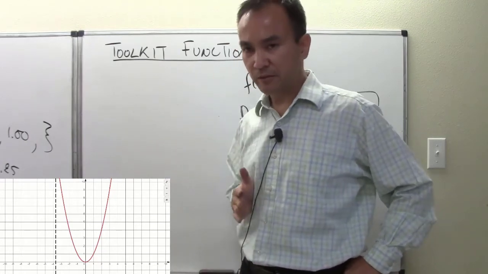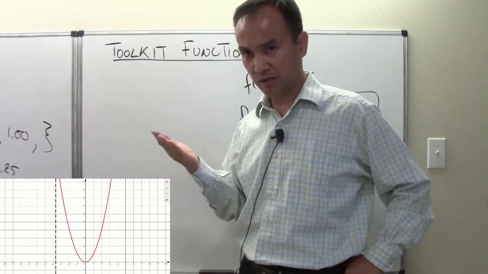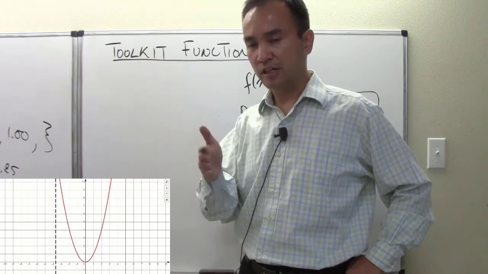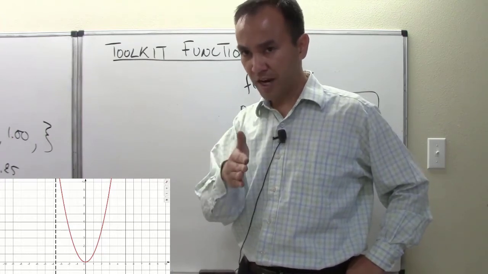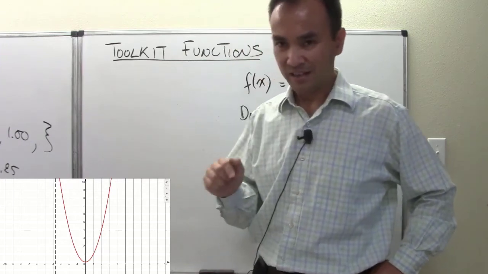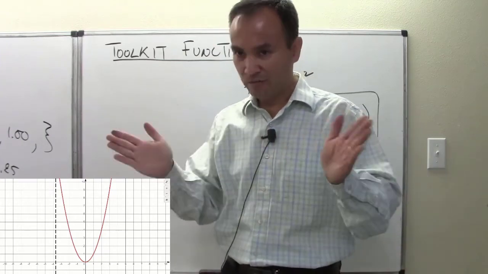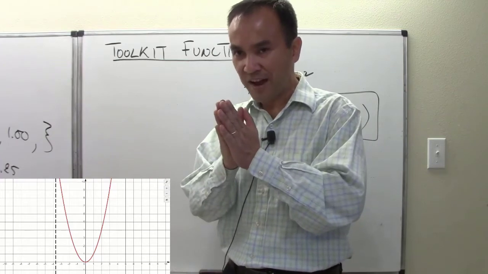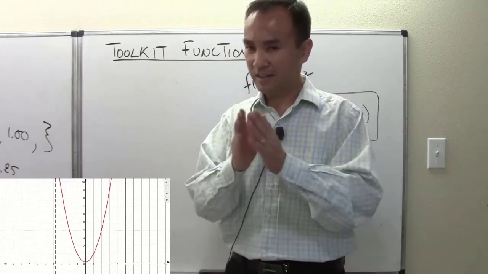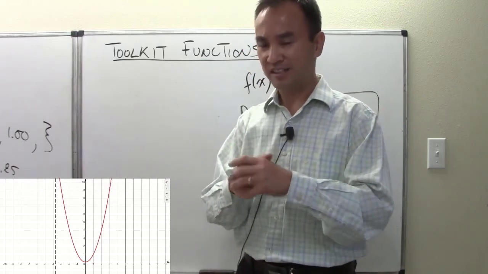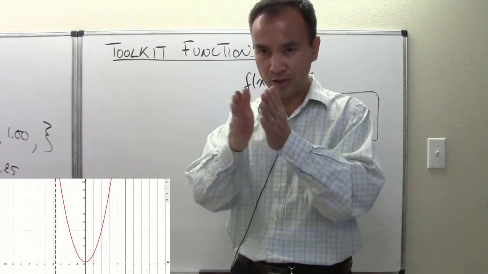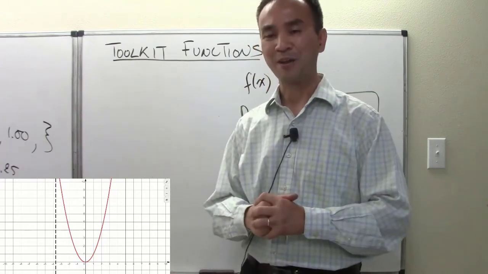After viewing this, anyone studying with me can independently explore and discover the domain of those other toolkit functions that are not covered here. You use that vertical line, or if you don't like that vertical line and you already have a quick way to judge the horizontal spread of your graph, go with that. But the point is just stay with the advice I've given: the domain graphically is the horizontal spread of your graph.